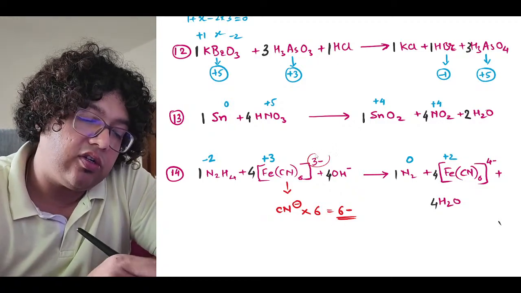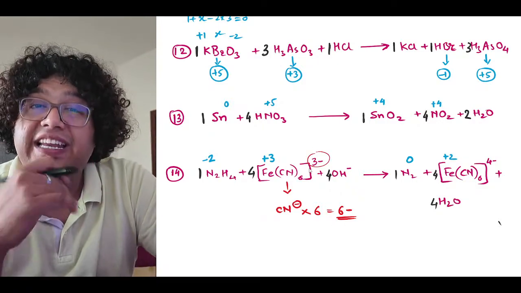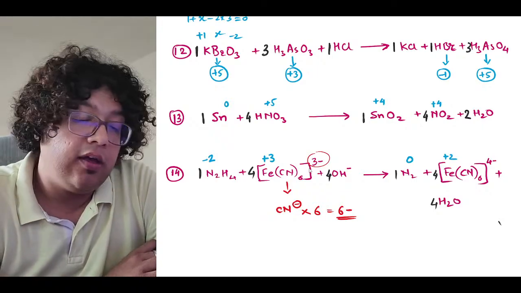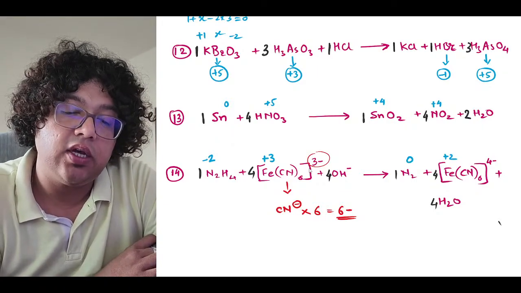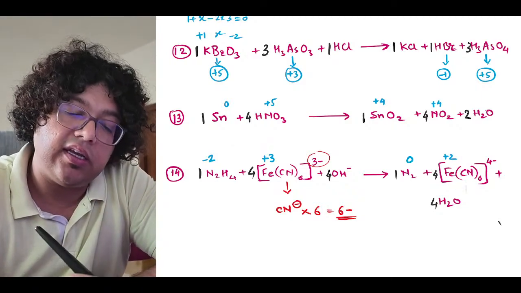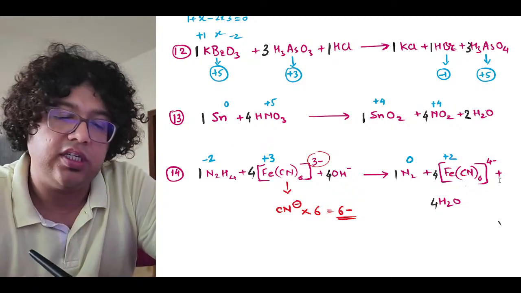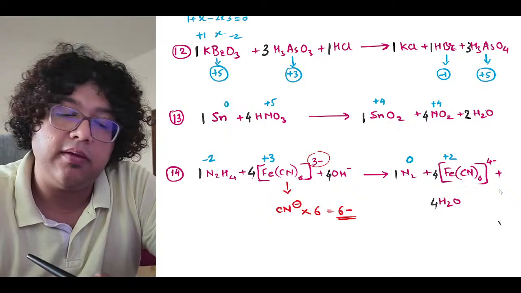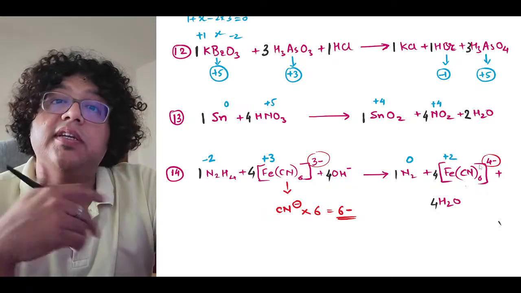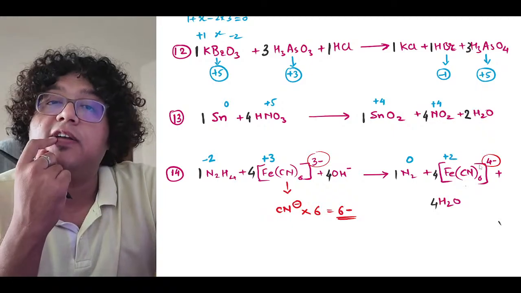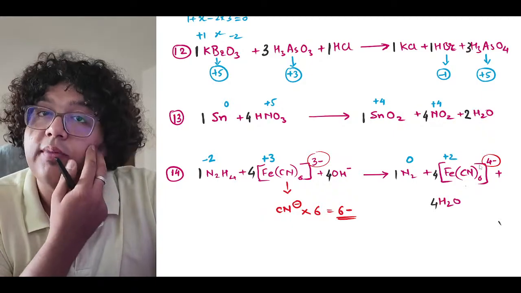So the total charge on the ferricyanide, that's what it is called, is 3 minus. On the right hand side, there are again 6 cyanide ions, so that has not changed. But the iron along with them has changed from +3 to +2. That's why the total charge on the complex ion is 4 minus.